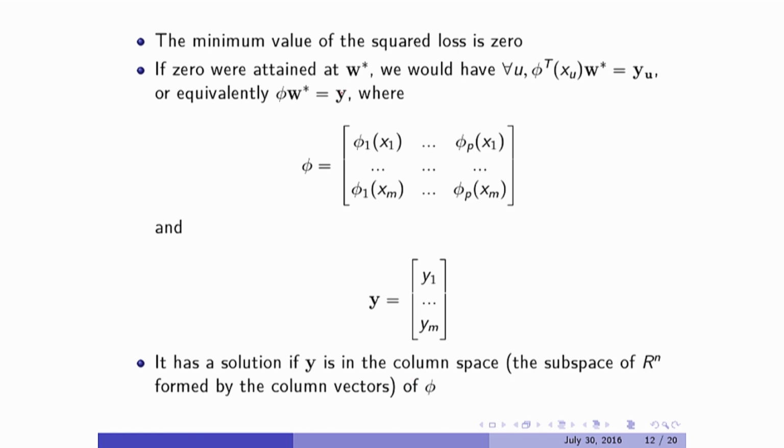Right, so the basic idea is y should belong to the column space of phi, and in such a setting W star can be obtained.